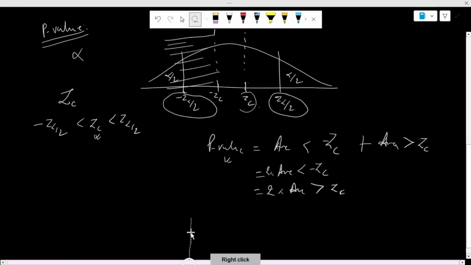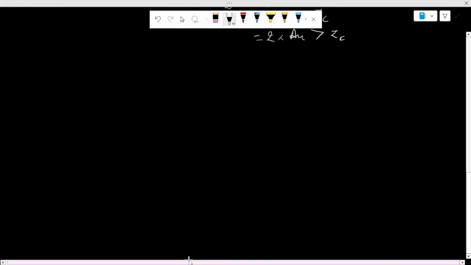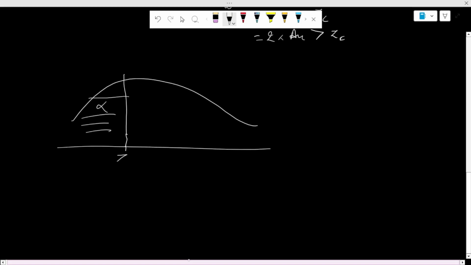Now let us understand this concept for the left tail or right tail test. If this is the distribution and we are concerned with a left tail test, this is our alpha. This is in fact Z alpha, or we can call it Z tabulated, the theoretical value of Z. If our calculated Z score lies somewhere over here, let me call it Z calculated, we draw a line.